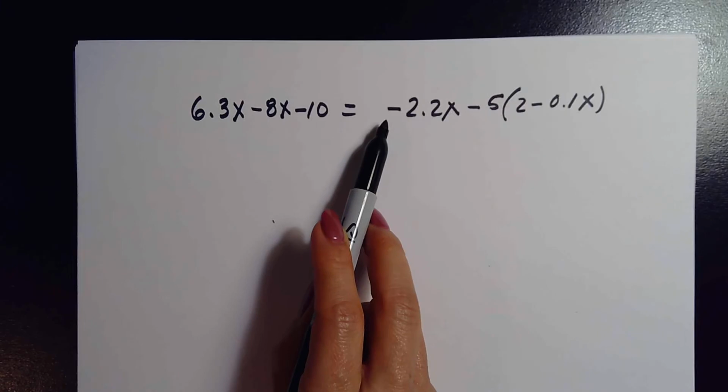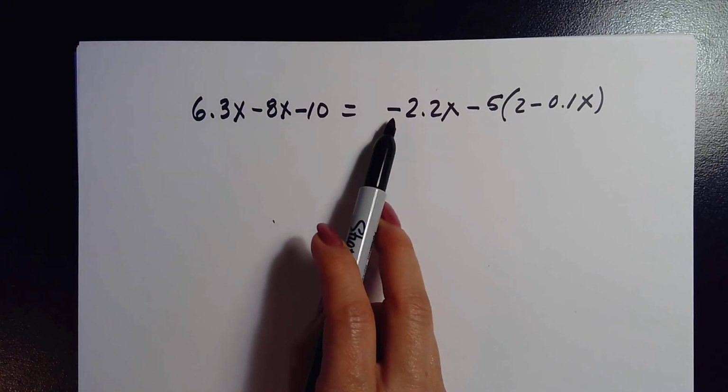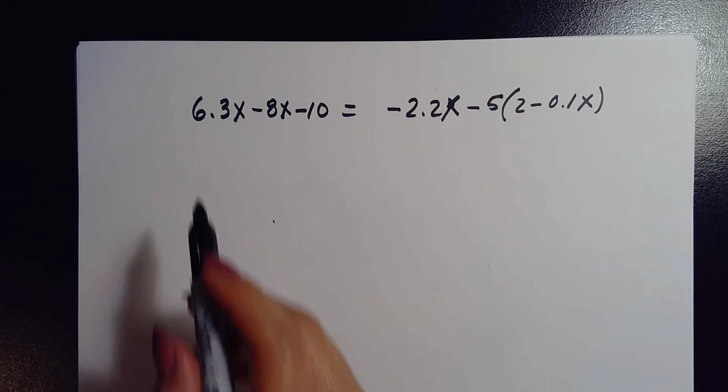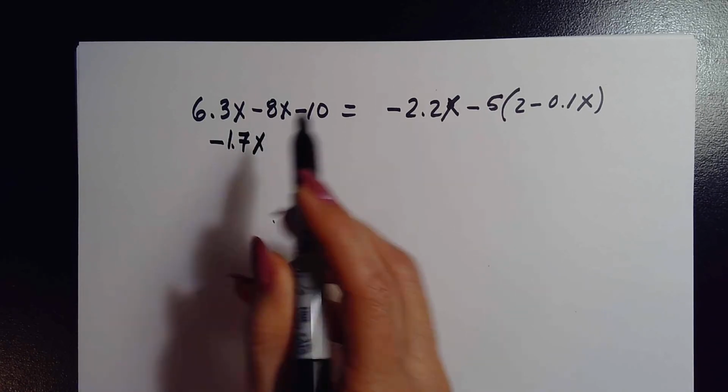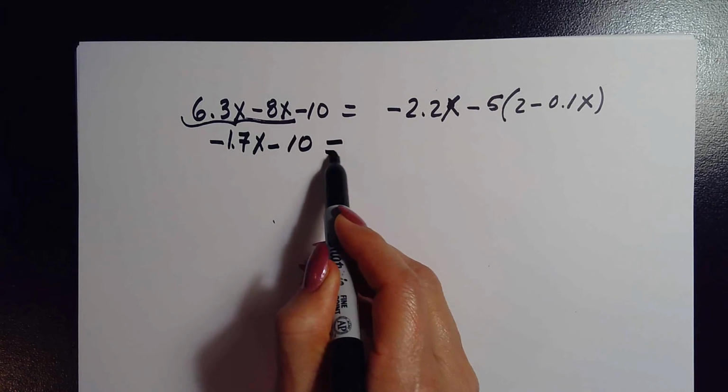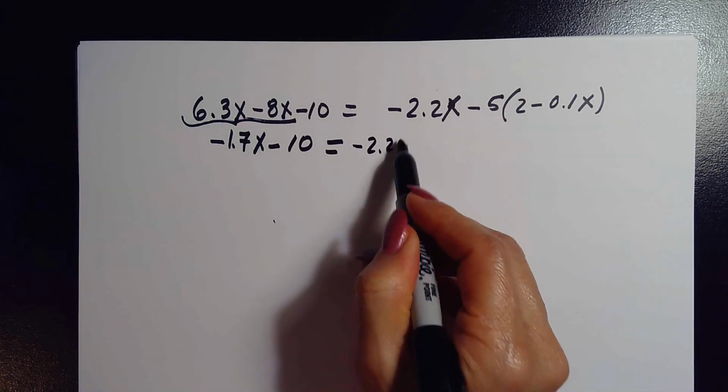Notice I changed the sign: instead of 2.2 I wrote negative 2.2, and you're going to see how that changes everything. Okay, so combine like terms again. You have 6.3 minus 8, and that gives us negative 1.7x when you combine these two. So bring down the negative 10 equals negative 2.2x.